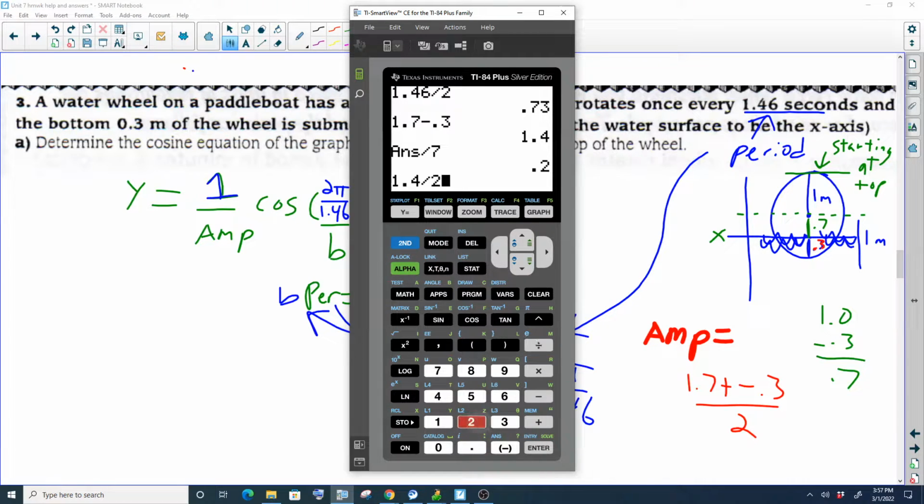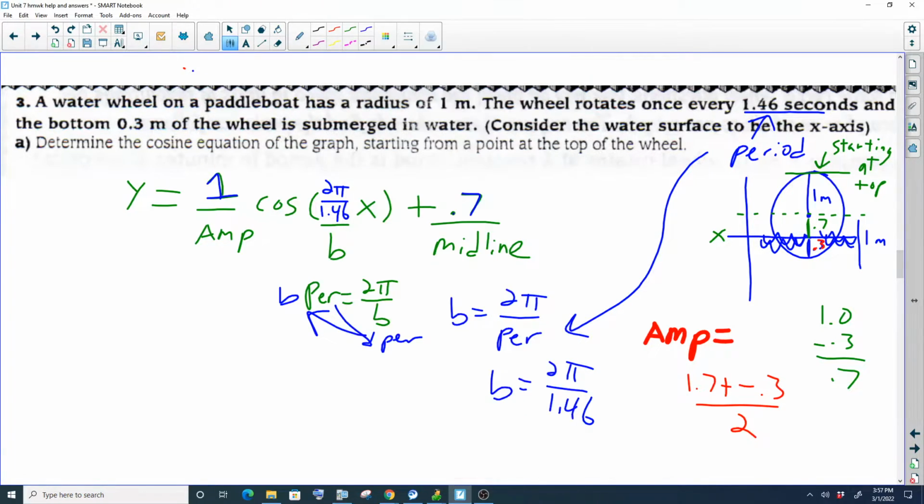The midline is 0.7, isn't it? So the midline is where you add those together, and for the amplitude, you subtract them. Write this down: the formula for midline is the maximum plus the minimum, divided by 2. The amplitude is the maximum minus the minimum, divided by 2.